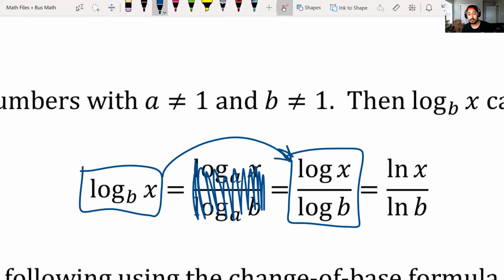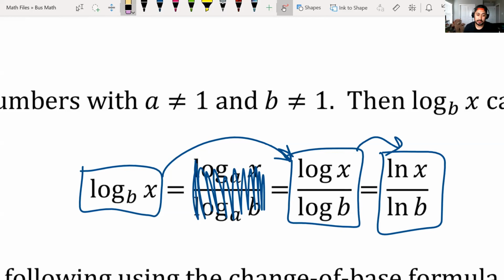So the log of x over log b. Or equivalently, it can also be converted into natural log x over natural log b. So all you have to do is separate it. You take log base b of x and you separate it into log of x over the log of b. That's it. I will show you how change of base works down below.